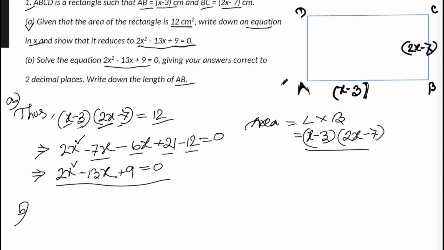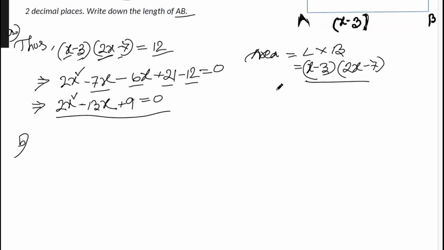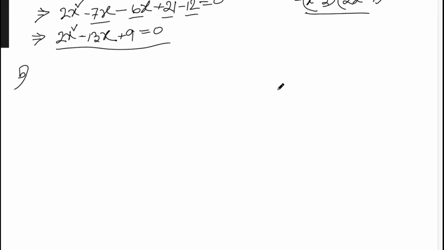Okay, now come to solve the equation. The equation we have is 2x square minus 13x plus 9 is equal to 0.